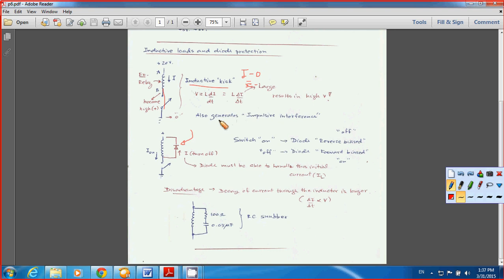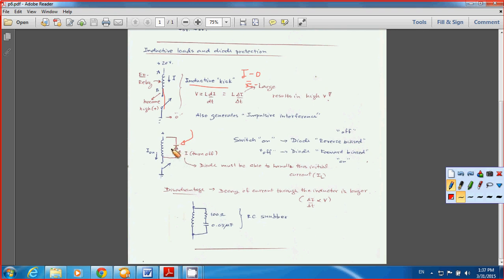For a relay application, you don't want this to create some problem. So what you can do is connect a diode in parallel. That's why you see it a lot in relay circuits. That means when you have a very high voltage, you bypass your current flowing through the diode here, so you solve the problem.